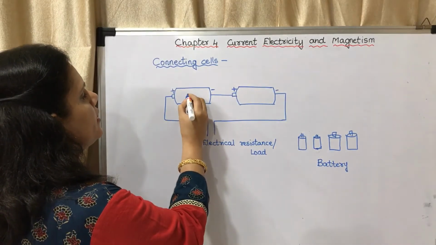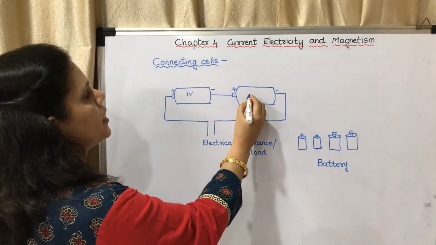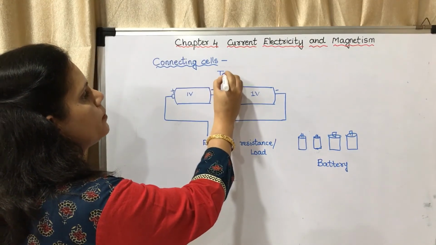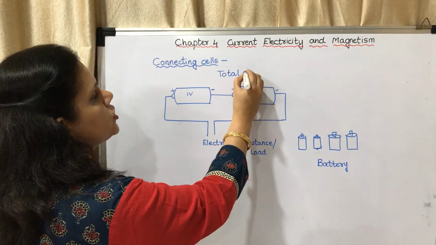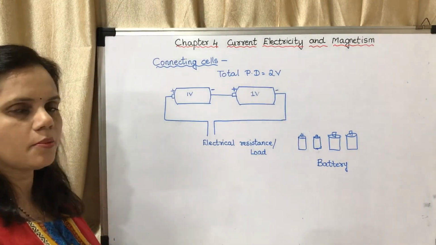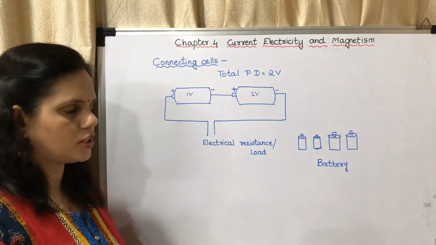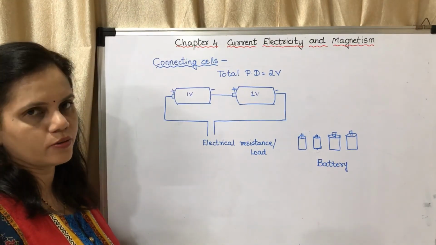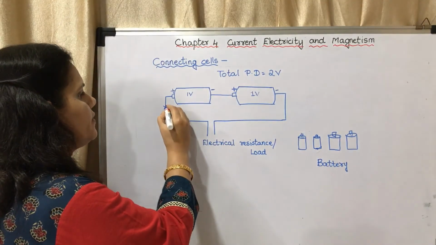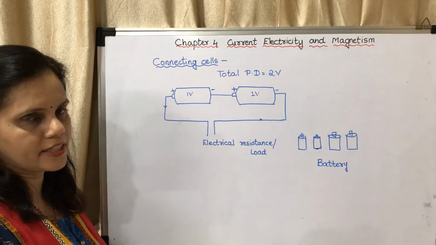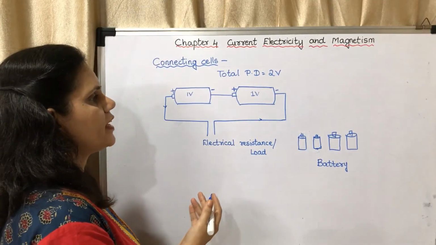Now if this is of 1 volt and this is also of 1 volt, then the total potential difference will be 2 volts. In this diagram, in which direction will the current flow? The current will flow in this direction. And what will be the flow of electrons?